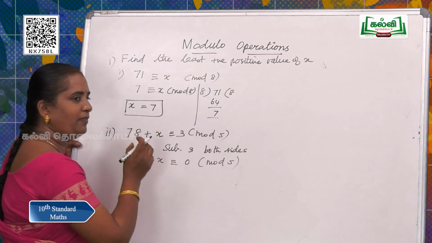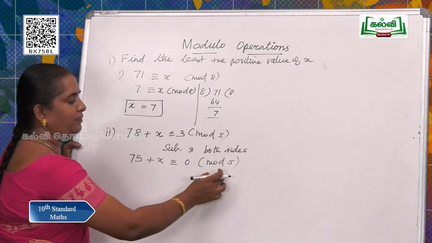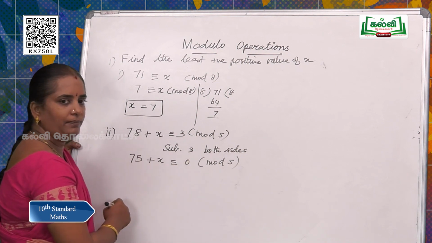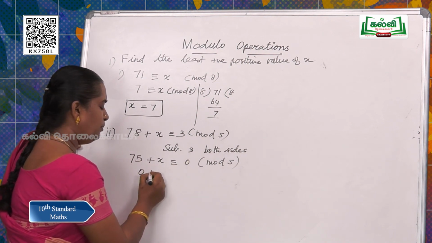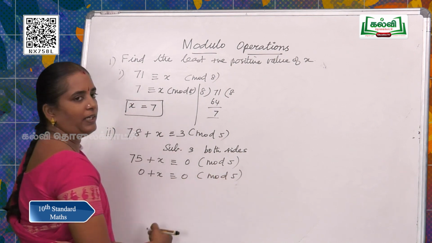Here also we can simplify again. We replace 75 with the remainder on division by 5. What is the remainder by 5? Yes, 0. So, 0 plus x is congruent to 0 mod 5.